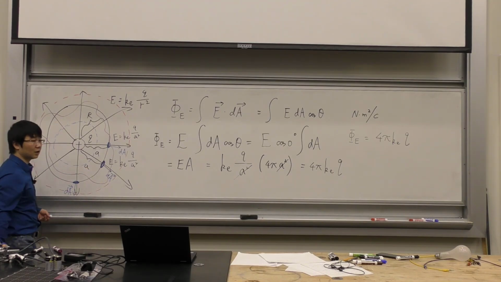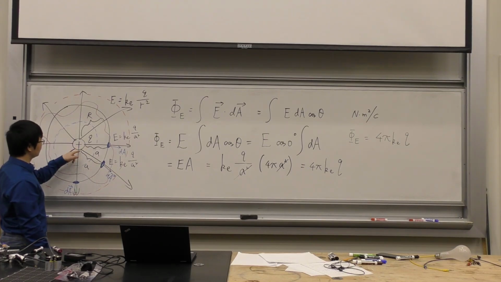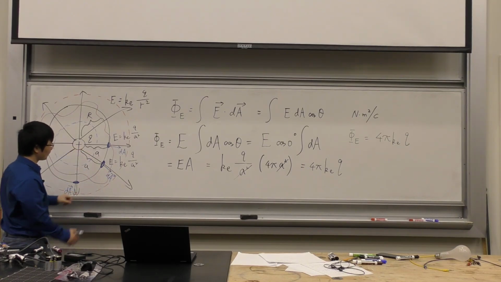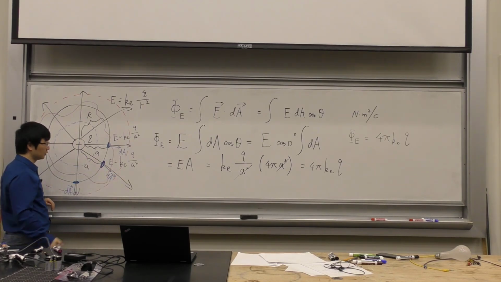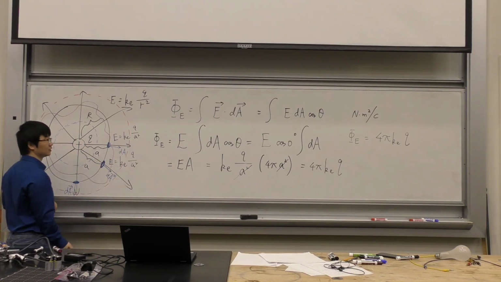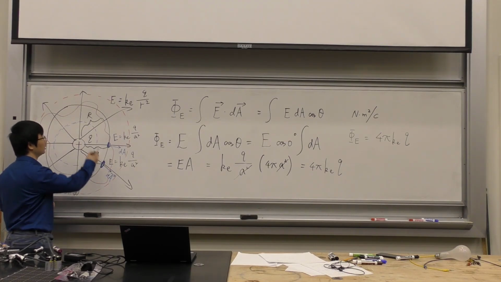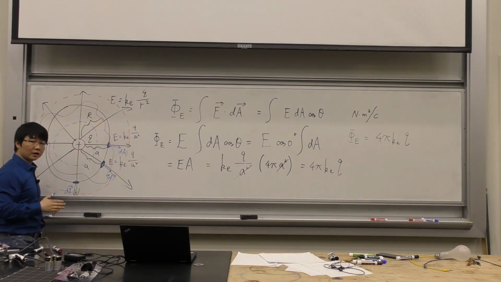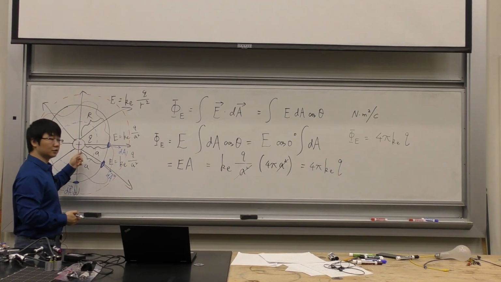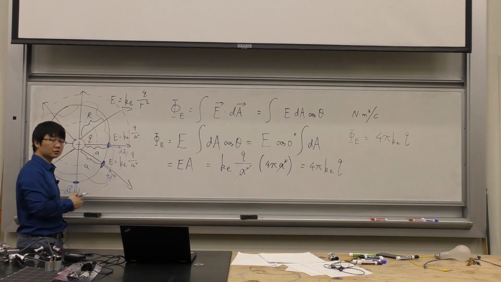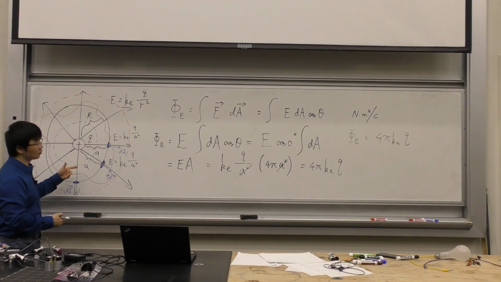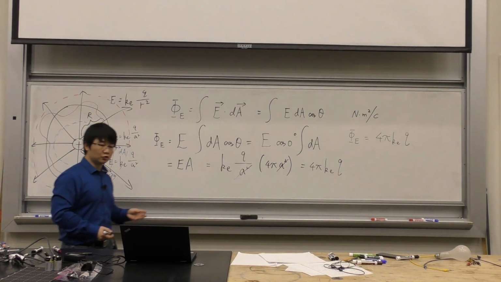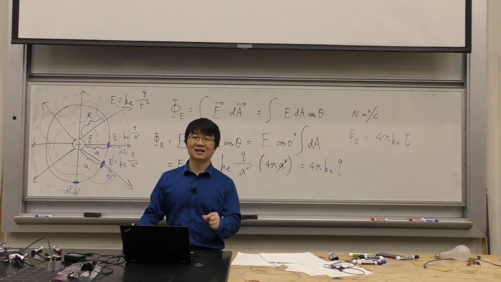You draw a single line from this charge, and it's going to pass all these surfaces, including this crazy surface. Every single electric field line you draw coming out from this positive charge, or if you have a negative charge, you draw lines going into the negative charge, is going to pass every single surface as long as you put this charge inside this surface.